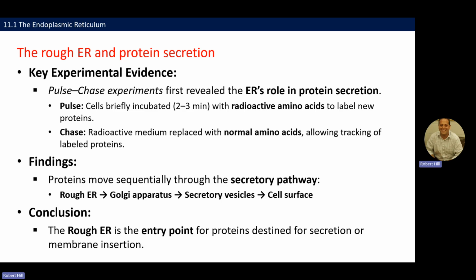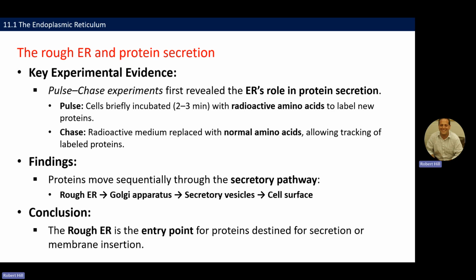All right, so how this endomembrane system was discovered initially, how proteins can originate in the ER and travel to the next part, the Golgi, and then go to the plasma membrane to be secreted from the cell, or travel to a lysosome, was by performing what are called pulse chase experiments. It's a relatively simple concept. You take cells and you grow them in a medium containing radioactive amino acids.